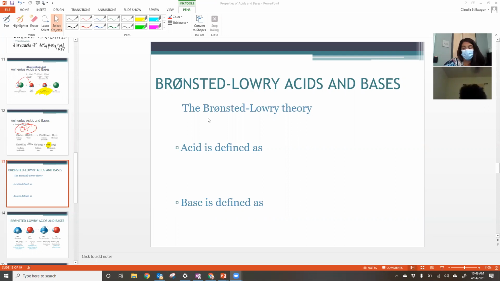That's for acids. Similar idea, but notice it doesn't involve water anymore in the definition. We don't need water to make this happen. Acids can donate hydrogen, and a base is a substance that can receive a hydrogen.